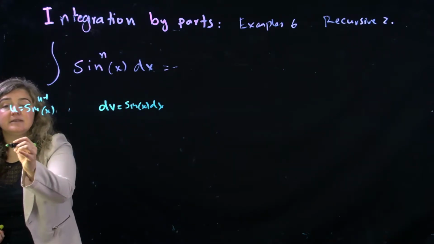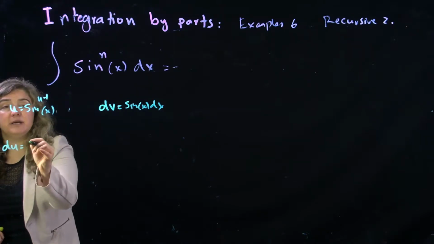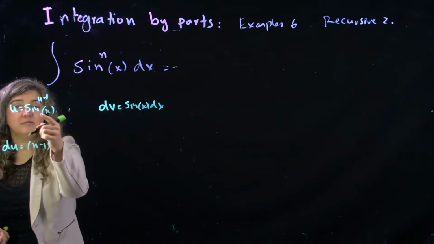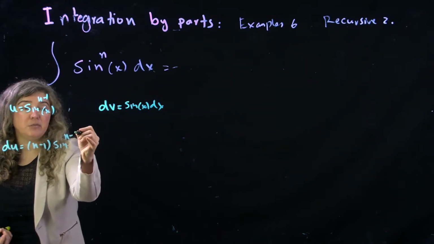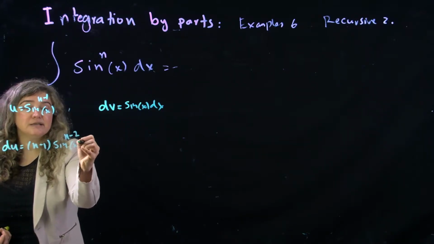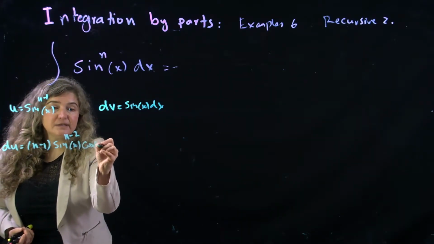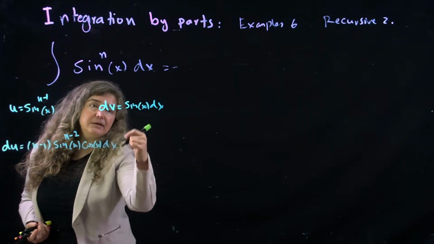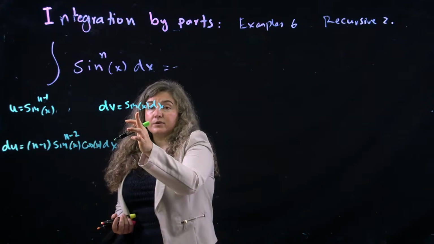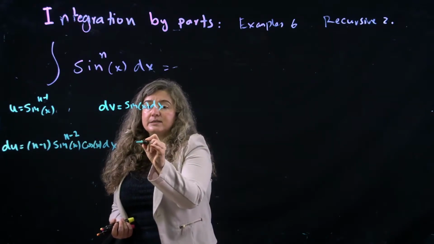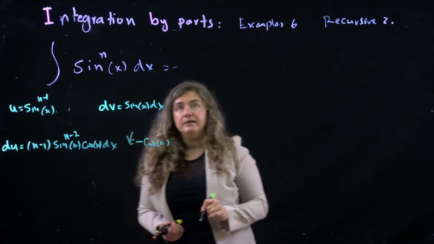So when I take the derivative of u, I end up with n minus 1 times sine to the power n minus 2 of x, then the derivative of sine of x, which is cosine of x dx. And over here I have the antiderivative of sine of x, which is negative cosine of x, to be v.